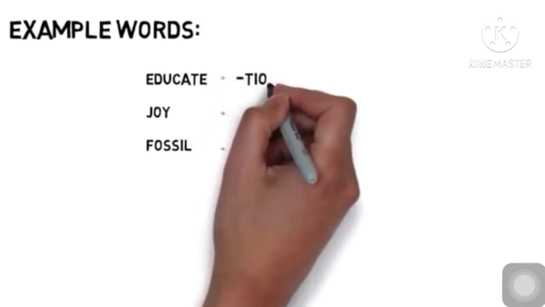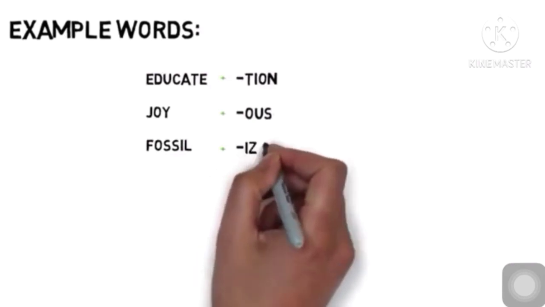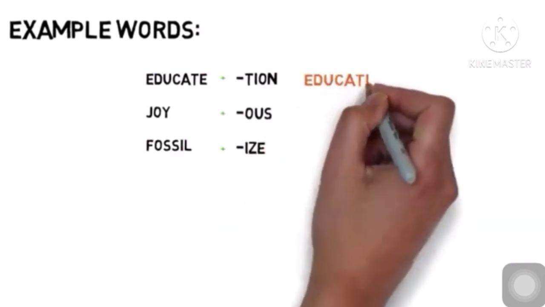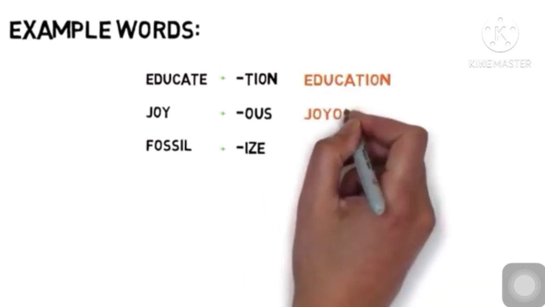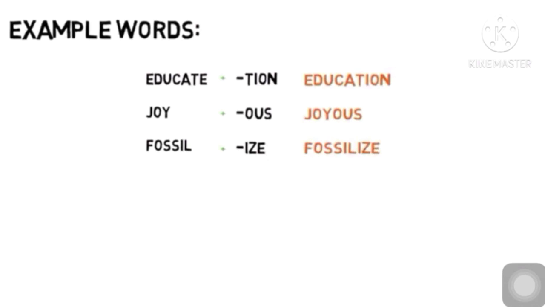If we add the suffixes tion, ous, ize, we get education, joyous, fossilize.